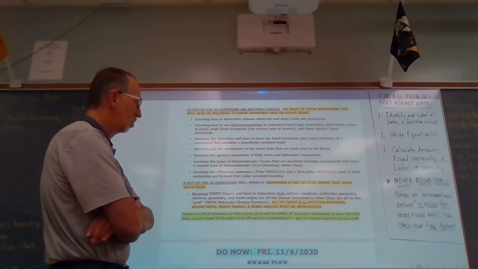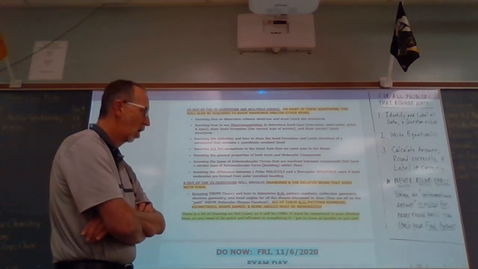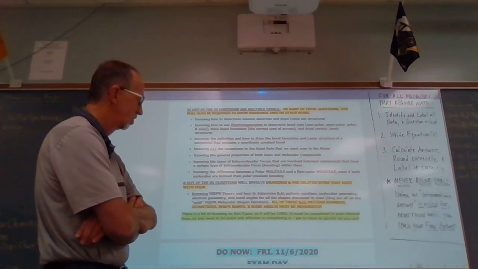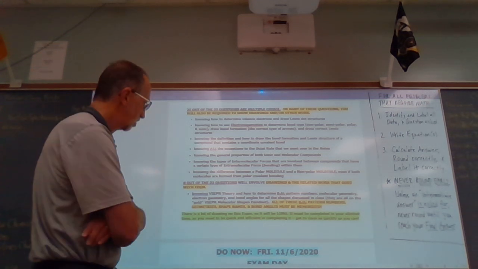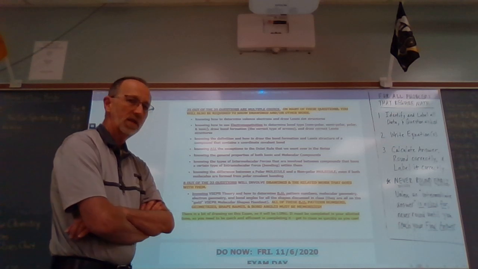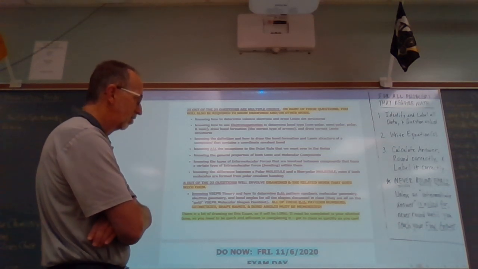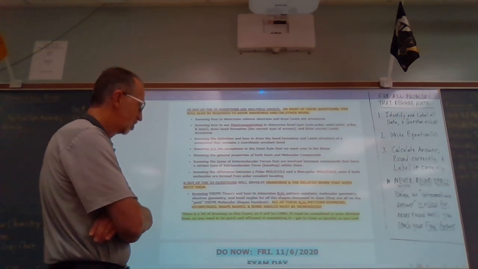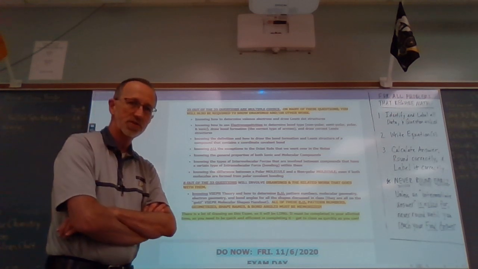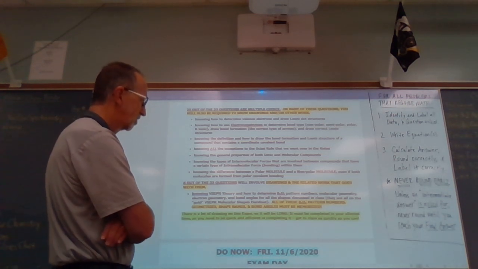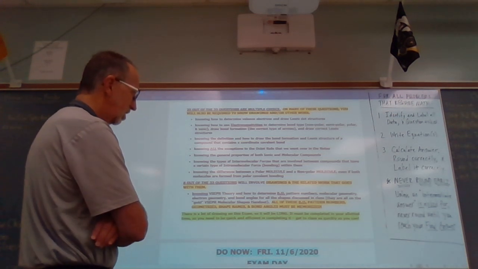8 out of the 33 questions will involve drawings and the related work that goes with them, all right? So here's where you need to know VSEPR theory, how to determine VSEPR pattern numbers, how to determine molecular geometry and electron geometry, and again, the bond angles for all the shapes discussed in class.